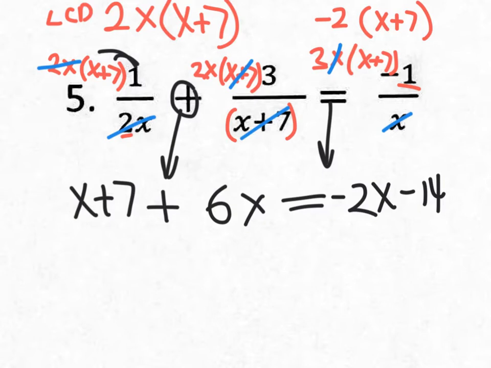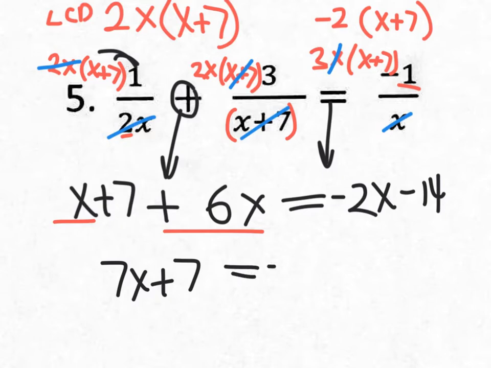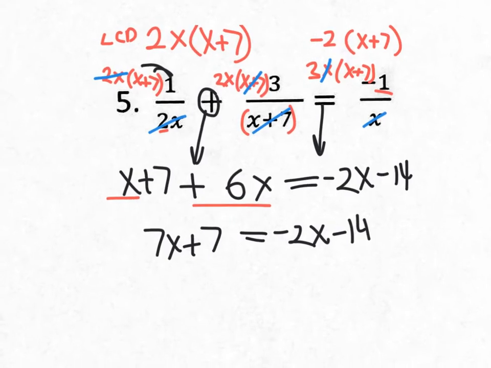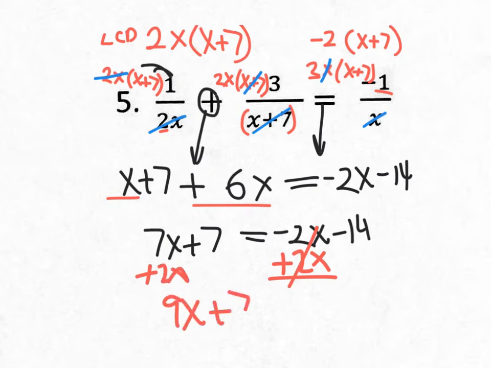So of course you want to simplify each side, or simplify anything possible. You have an x here and you have 6 of them there, so that's a total of 7 x's. So you have 7x plus 7 equals negative 2x minus 14. And if we continue to solve, we're going to add 2x, cancels, add 2x. You're going to have 9x plus 7 equals negative 14.